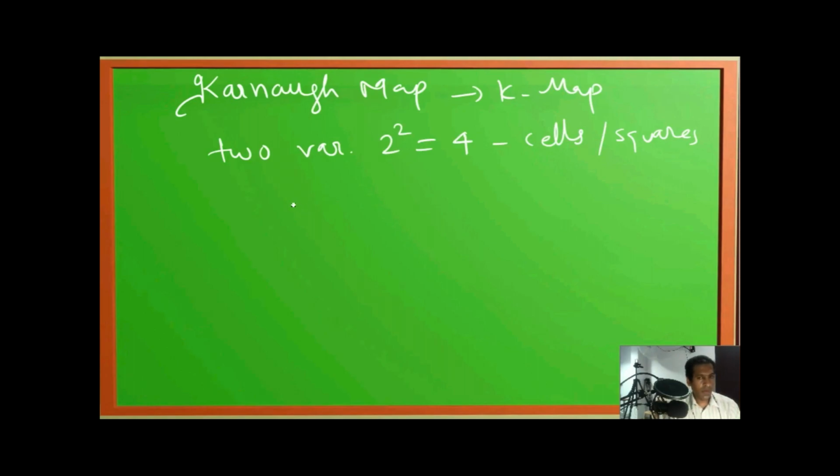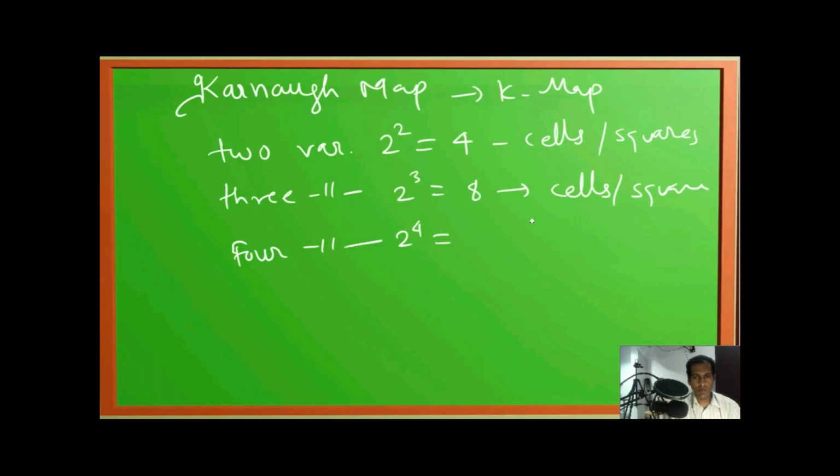For 3 variables, we can have 2 to the power 3, that is 8 cells or squares. Similarly, for 4 variables, we can have 2 to the power 4, that is 16 cells or squares, and so on.